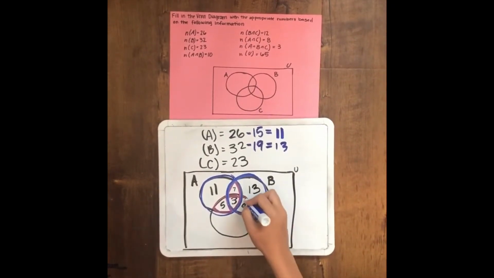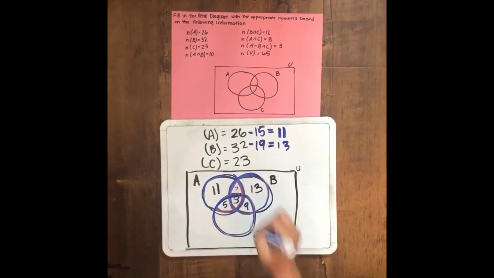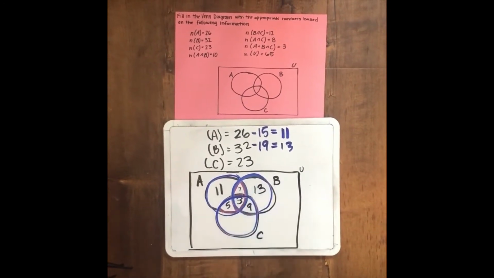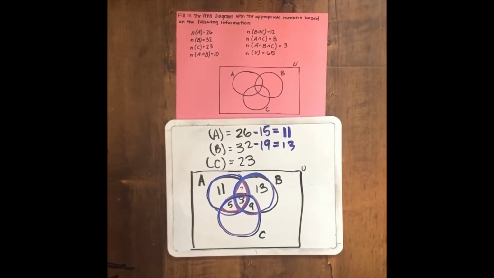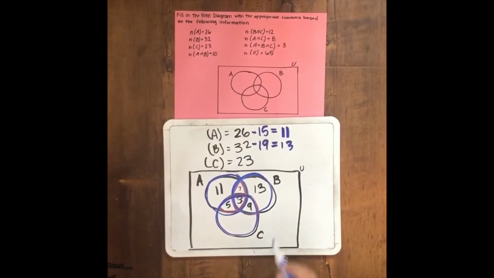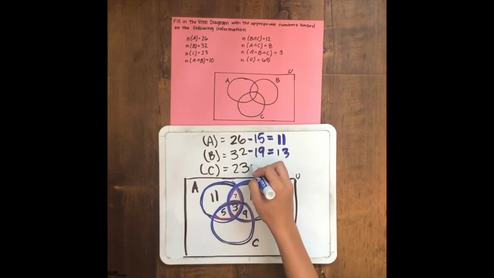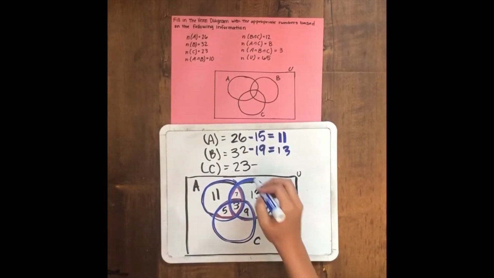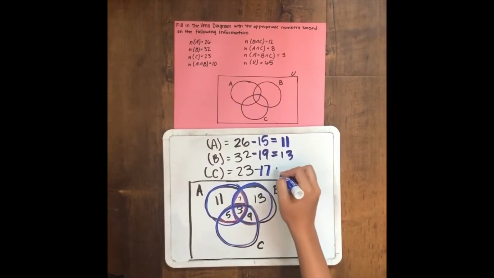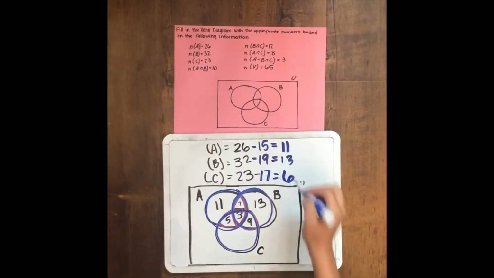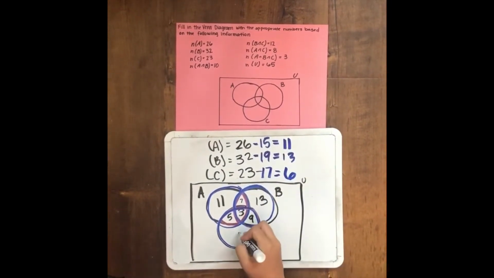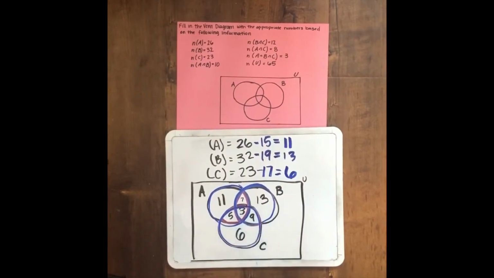Lastly, set C. Since 9, 3, and 5 are contained within set C, we know that we must add those together and subtract from 23. So 9, 3, and 5 added together is 17, and 23 minus 17 is 6. So 6 goes right here.